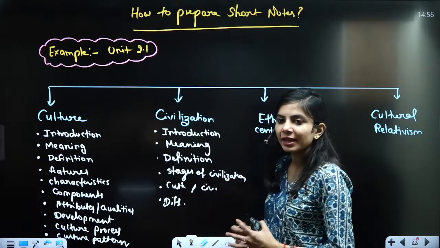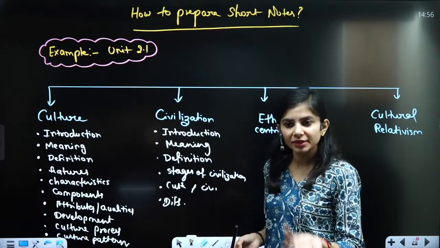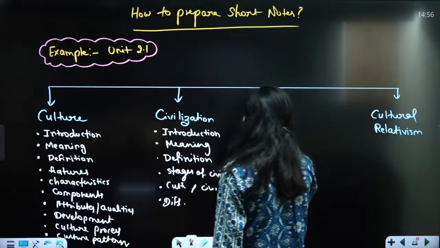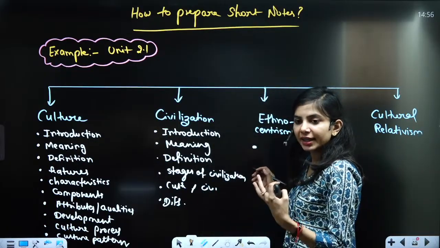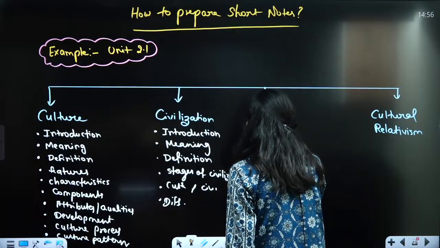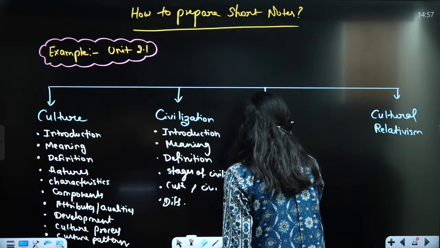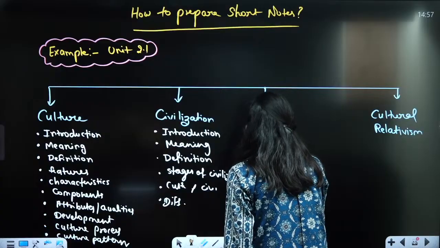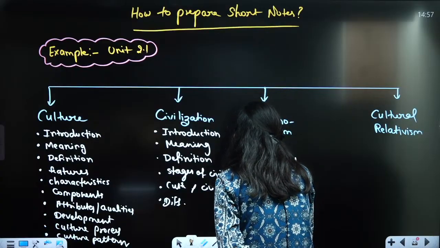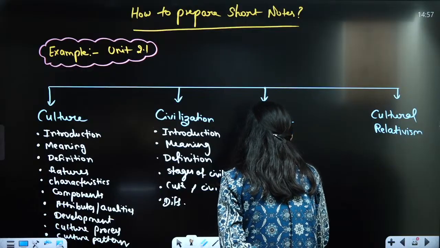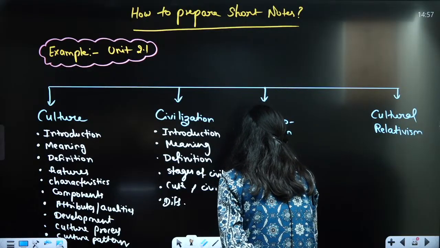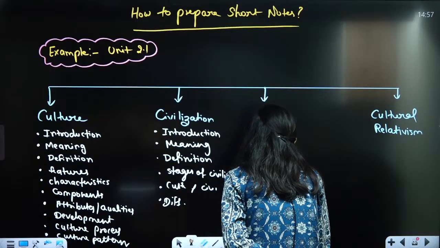Here in between I am using some anthropologist names, these types of things. Then there is ethnocentrism. Ethnocentrism again requires introduction, meaning, then some definition, then the most important thing, examples.